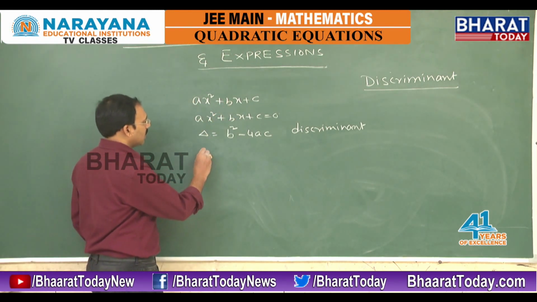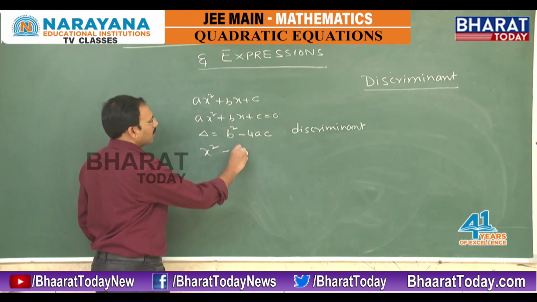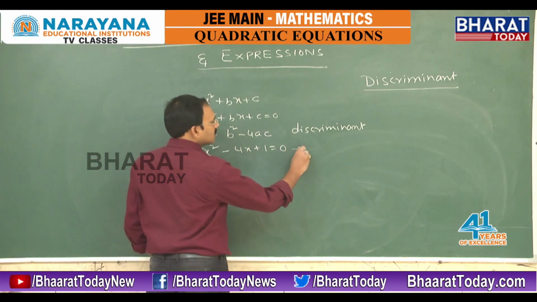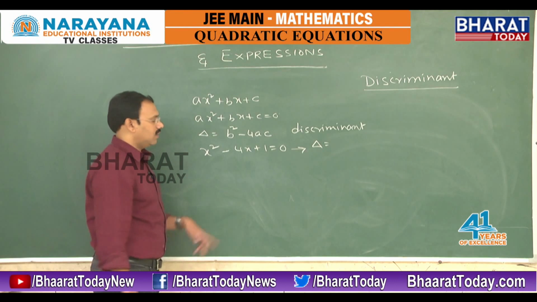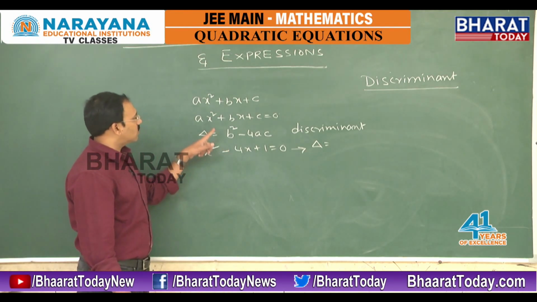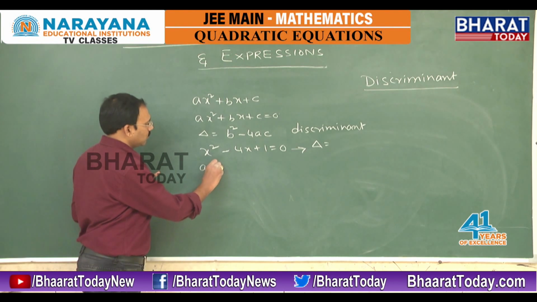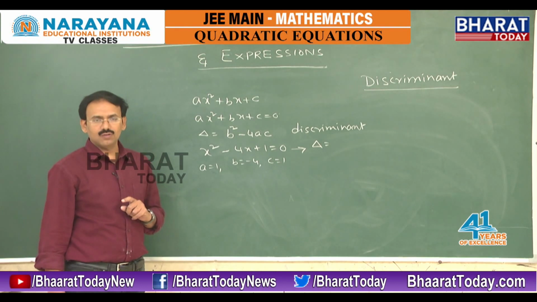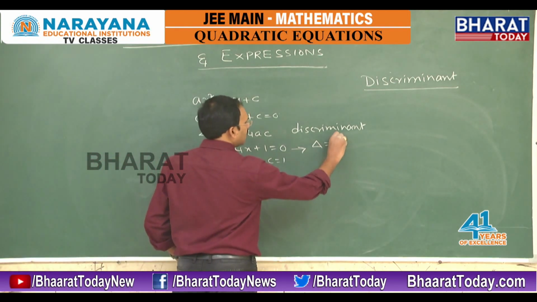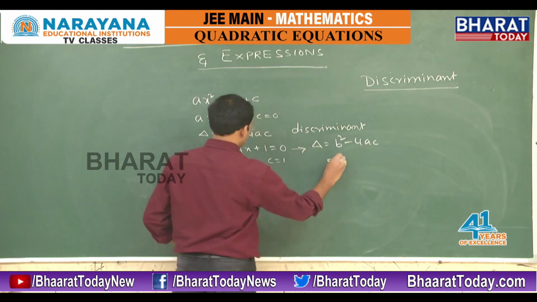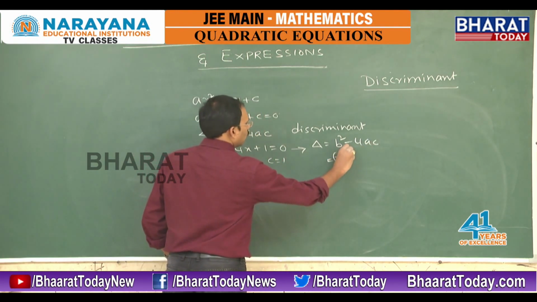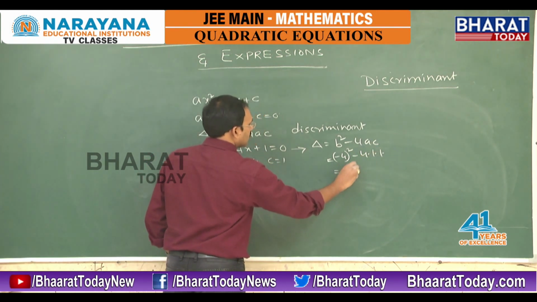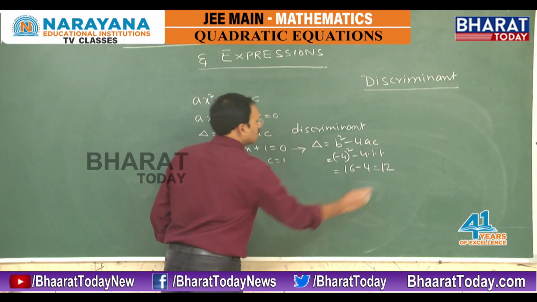For example, you take the equation x² − 4x + 1 = 0. For this equation, the discriminant delta is going to be b² − 4ac. You compare this equation with ax² + bx + c: a is equal to 1, b is equal to −4 and c is equal to 1. Now b² − 4ac: b² is (−4)², minus 4 into a is 1, c is 1. 16 minus 4 which is 12.